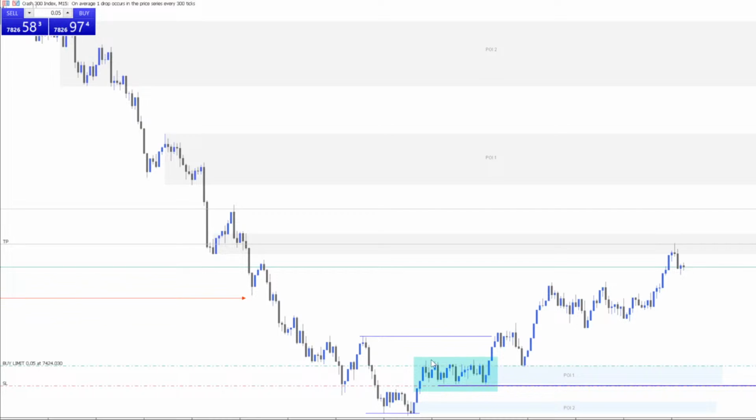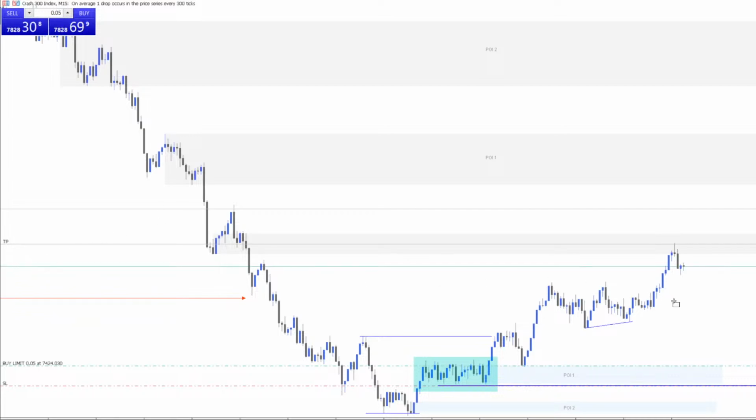Because there's a break of structure within this consolidation. So this is a low, this is a high for me, and then this is a low, right? I would say this is a high for me, and then price broke structure here, right? So I would consider this as tons of liquidity areas where price can decide to come back into.